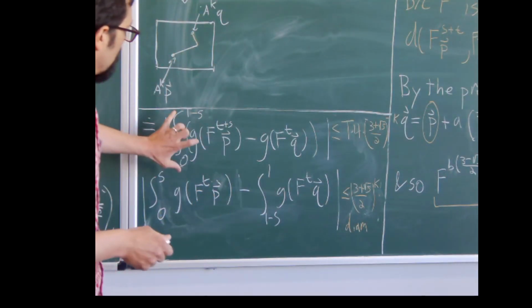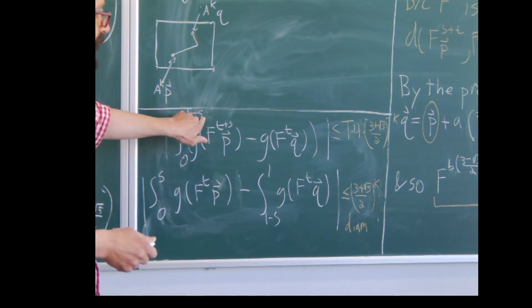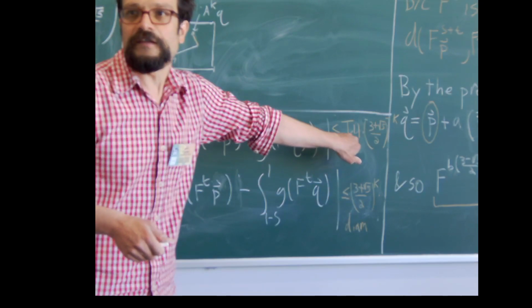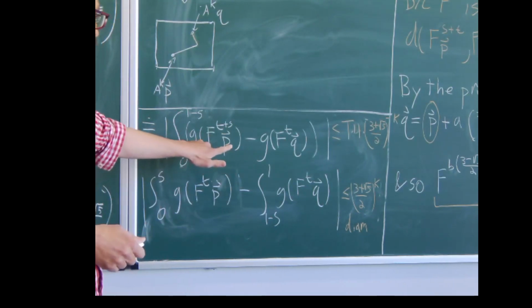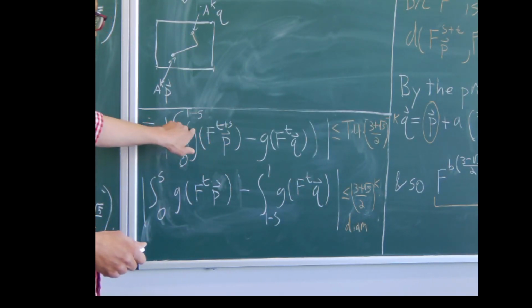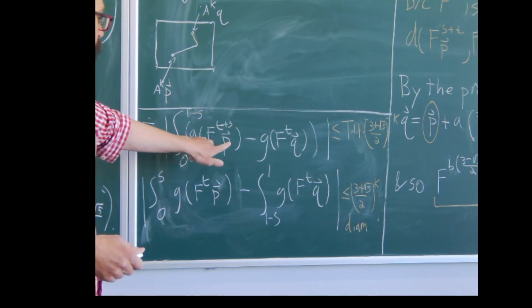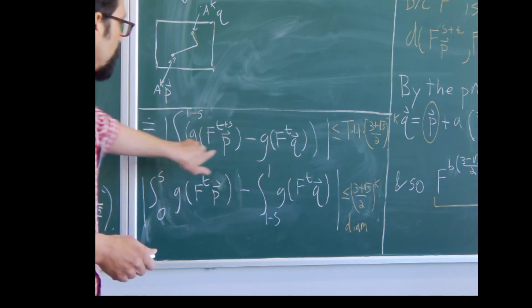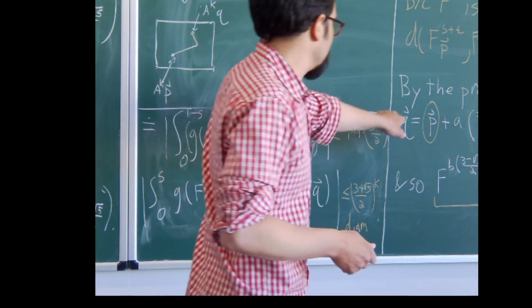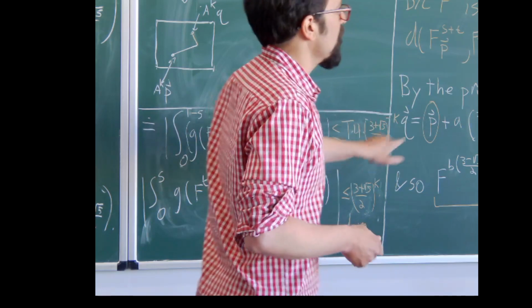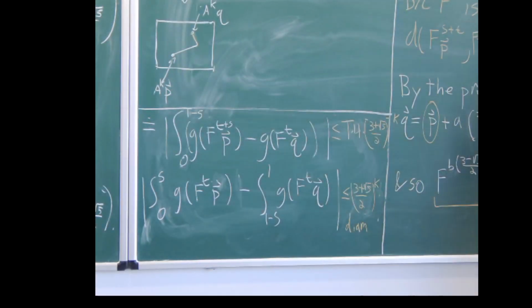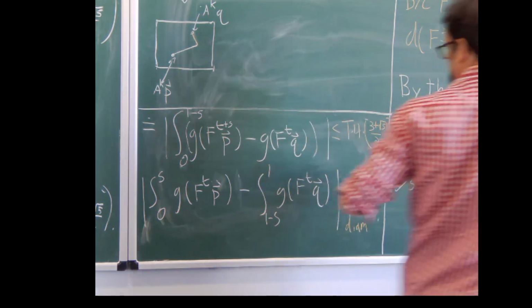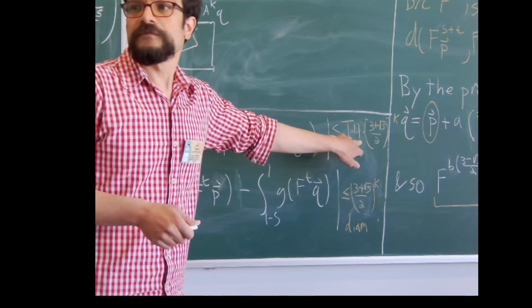My interval has a length of t minus s, so that's clearly smaller than t. For each point, these are at least this close, but that's not right. I have another factor of 2 to take care of, and I have my norm to take care of, so I group those together to give me this 4.